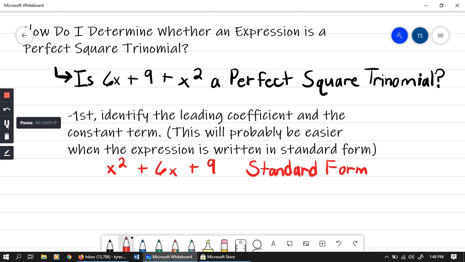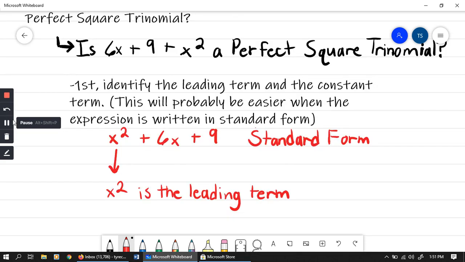So this is what the expression looks like in standard form: x squared plus 6x plus 9. All of the exponents are written in order from highest to lowest. In this form, the leading term, not the leading coefficient, I meant the leading term, is x squared.